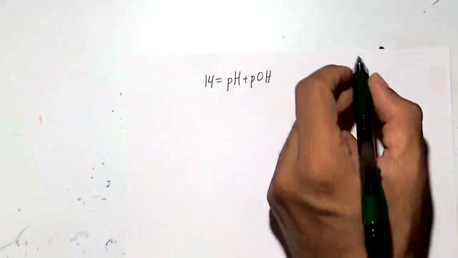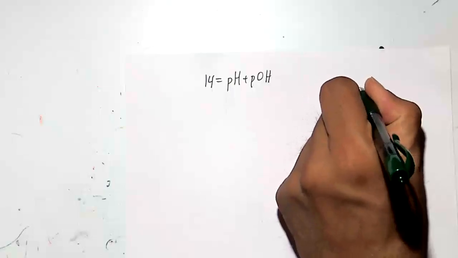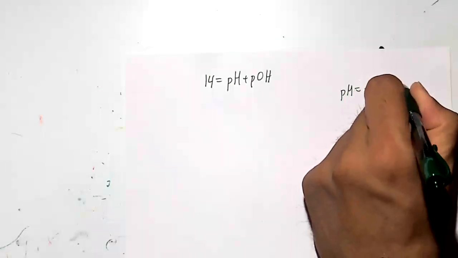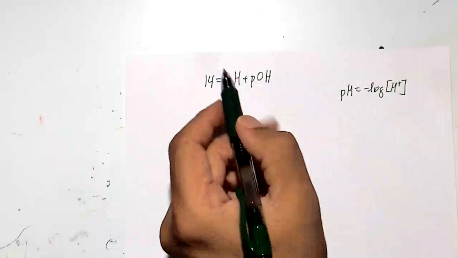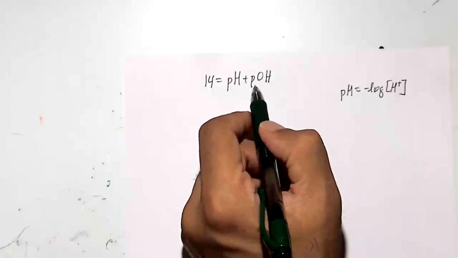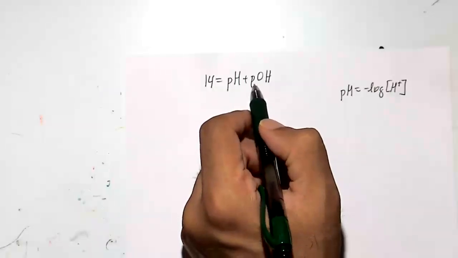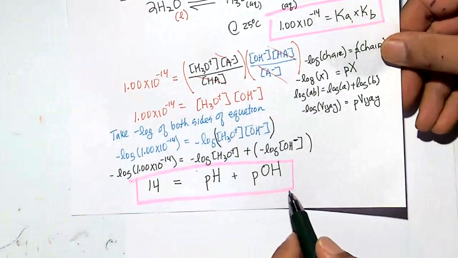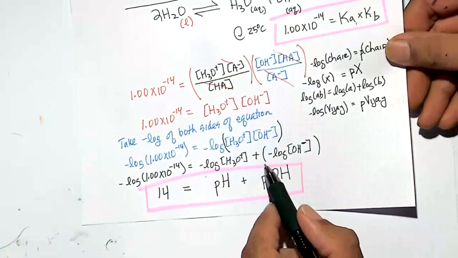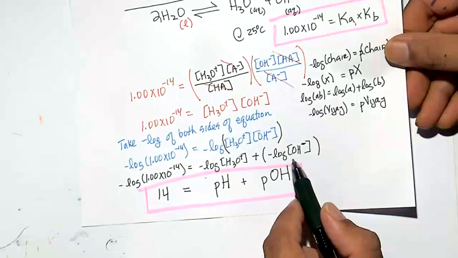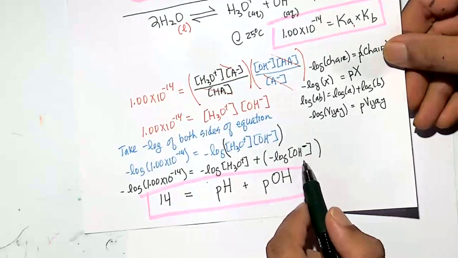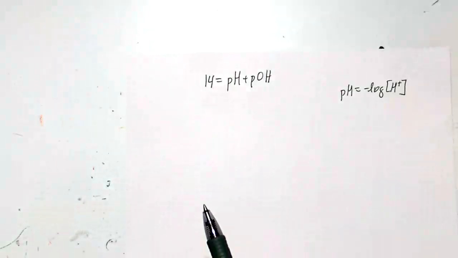That's something I'd like for you to know. What is pOH? It's the power of OH. But what do we do when we take the power of something? We take the minus log. So what's the formula for pOH? Minus the log of OH minus, the log of the hydroxide ion concentration.